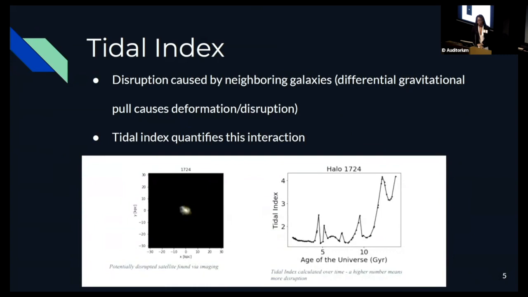On the left-hand side is a potentially disrupted satellite found from imaging, and you can tell it's disrupted based on the elongation of the edges of the satellite. On the right-hand side is the tidal index over the age of the universe. A higher tidal index means more disruption is being caused, and you can see that the tidal index does significantly increase over time.